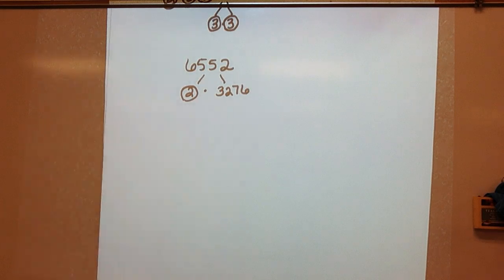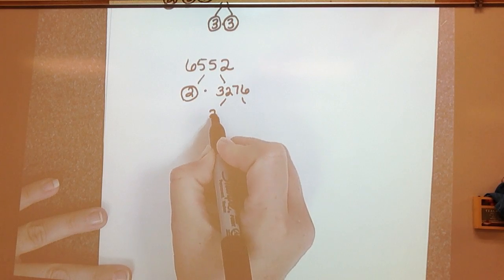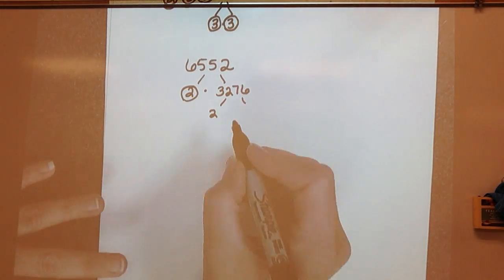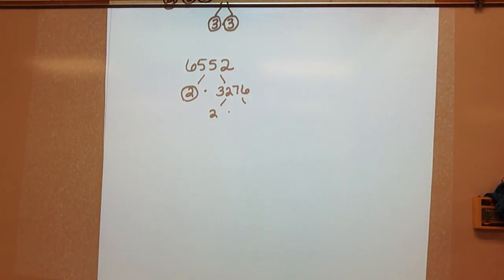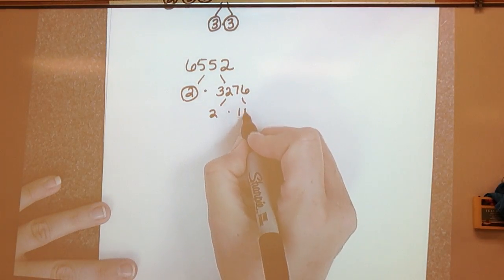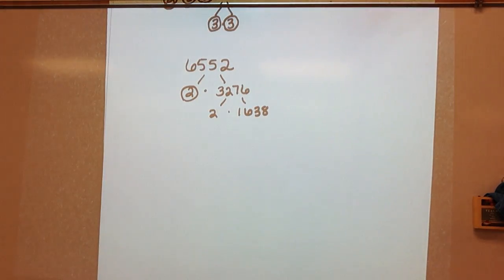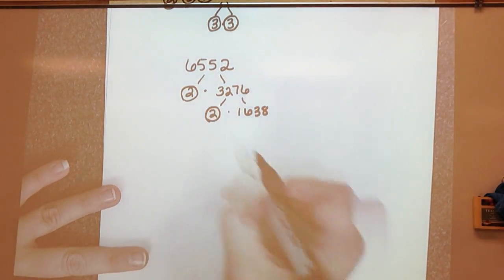So now I've got to look at 3,276. Once again, it's divisible by 2. So I've got to break that down. And that's going to be 1,638. Okay? 2 is already prime.